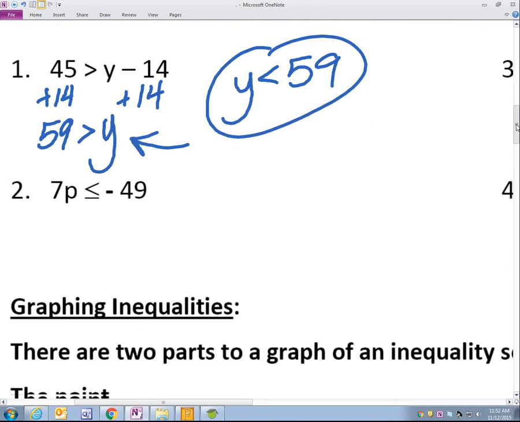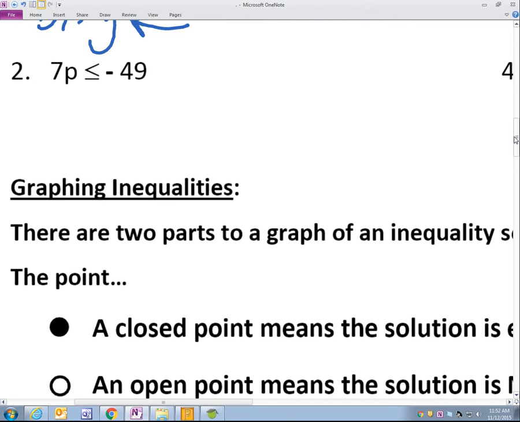Next one. 7p is less than or equal to, that's what that means, less than or equal to. So it's like a combination of the less than symbol and the equal sign. See how it has the bottom part of the equal sign?